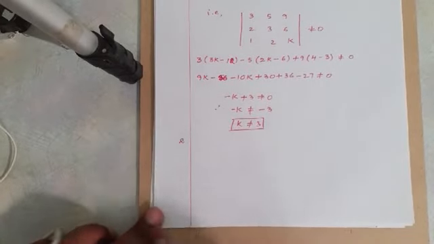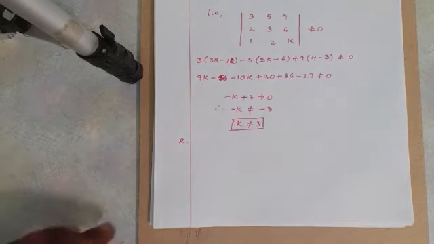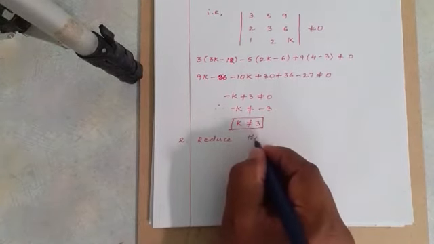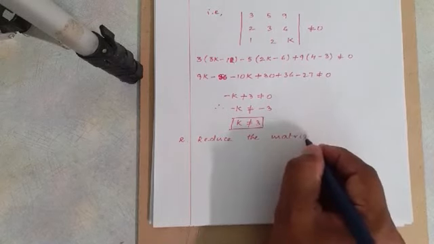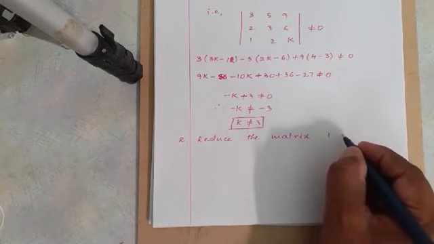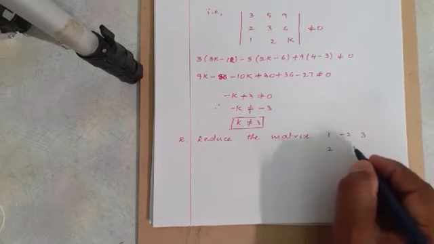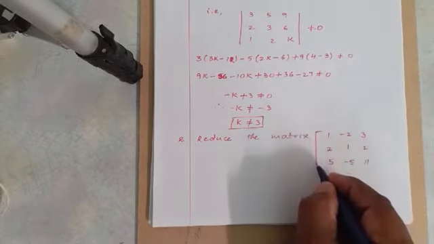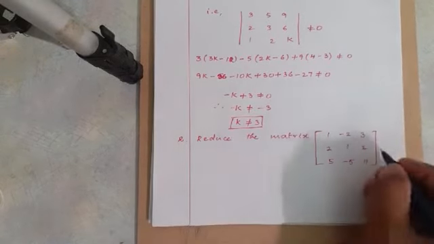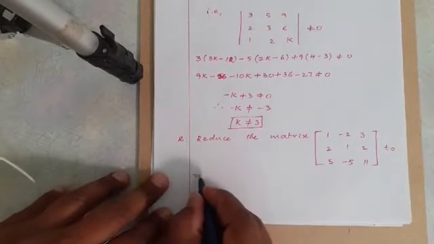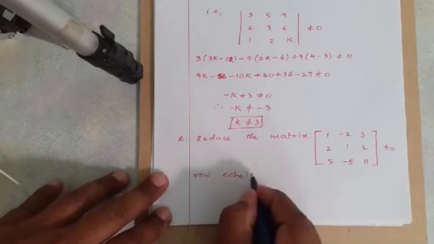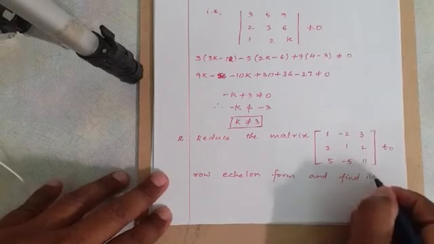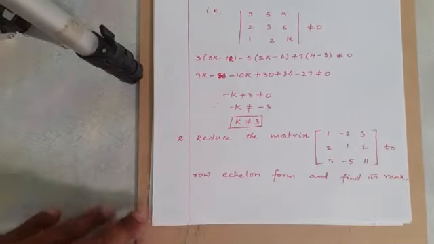The second problem I have given you is: reduce the matrix 1 minus 2 3, 2 1 2, 5 minus 5 11 to row echelon form and find its rank.